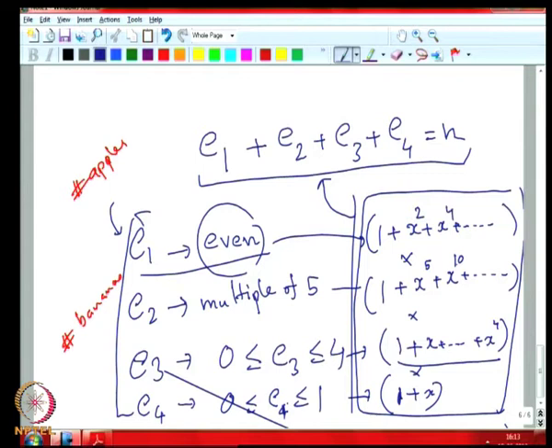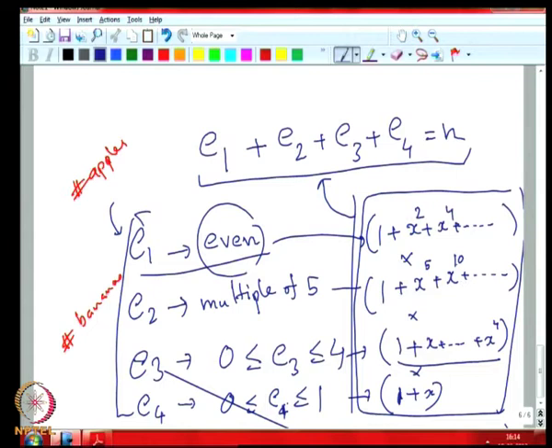Because they add up to n, I will get x raised to n when I multiply x raised to E1 into x raised to E2 into x raised to E3 into x raised to E4. On the other hand, consider any way you can make an x raised to n in this product.